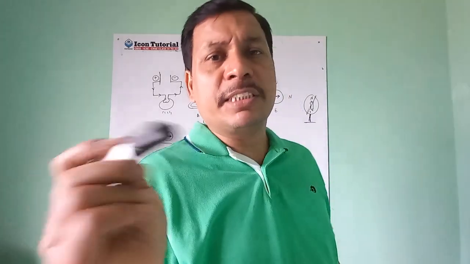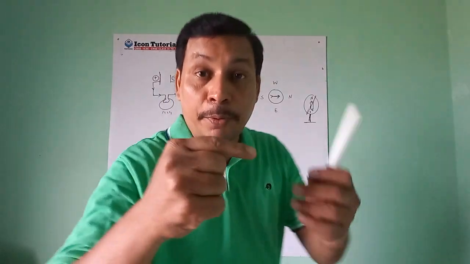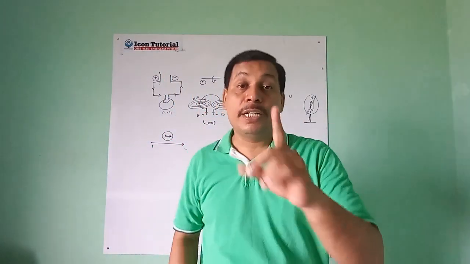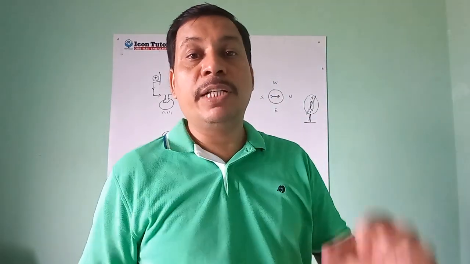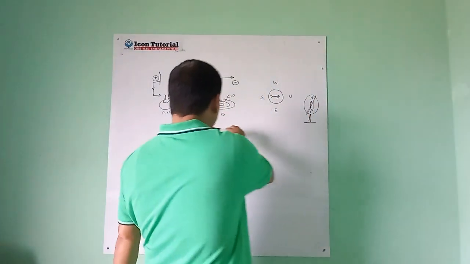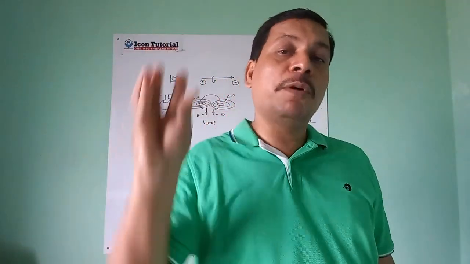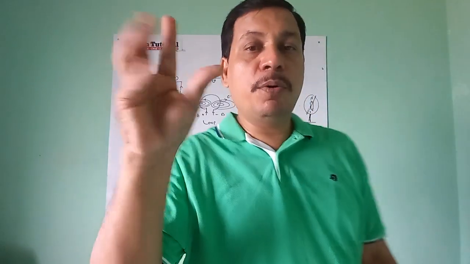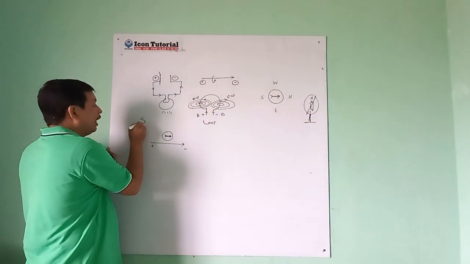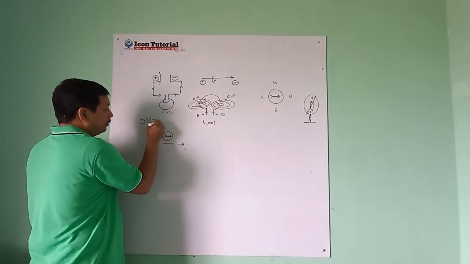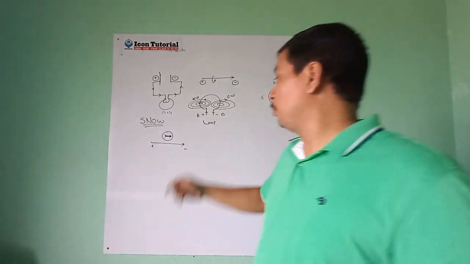In this way the magnetic compass is directed. Understood? But when a current carrying conductor is placed here, and a magnetic compass is placed over the current carrying conductor, over the wire, then there is a rule, the SNOW rule: south, north, over, west.